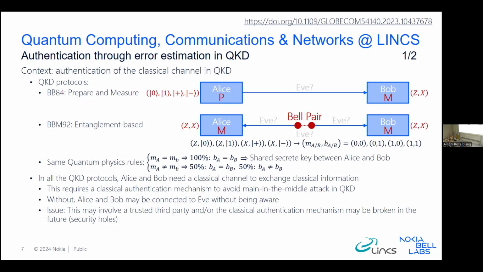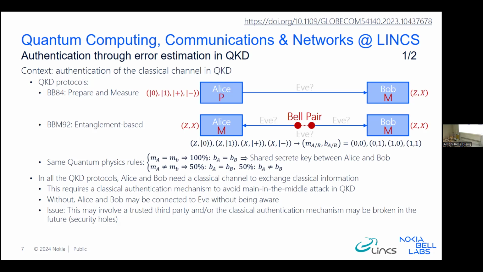So this requires classical authentication with today's solutions. This requires classical authentication mechanisms for the quantum and classical channels to avoid the man-in-the-middle attack in both the classical and quantum channels. Without it, Alice does not know if she's talking with Bob, and Bob does not know if he is talking with Alice.